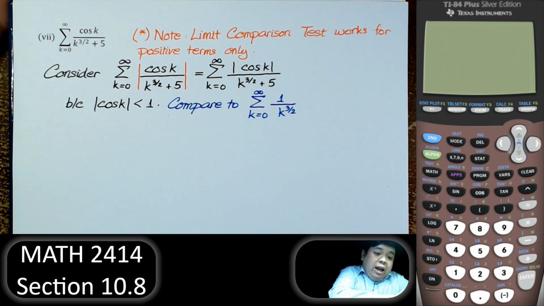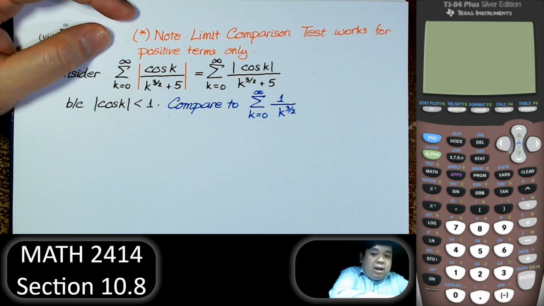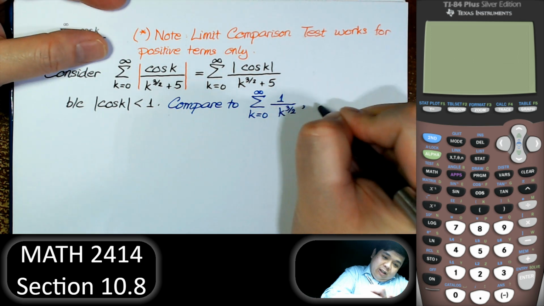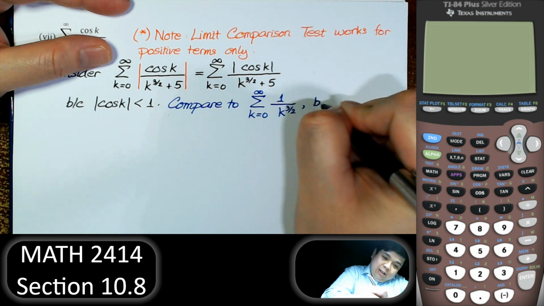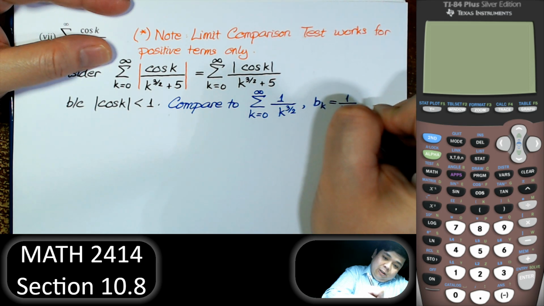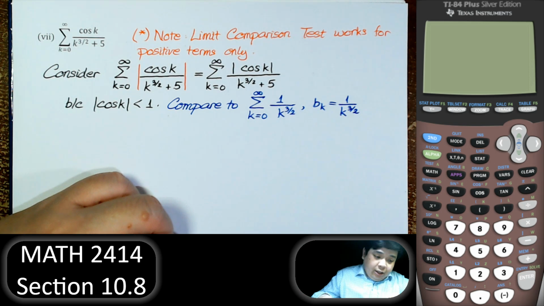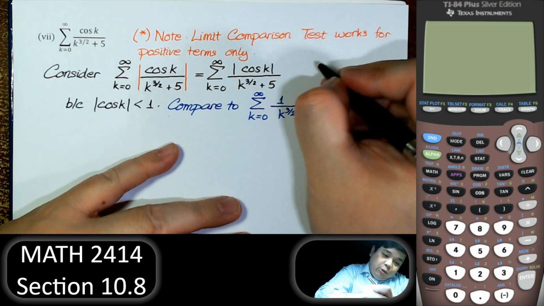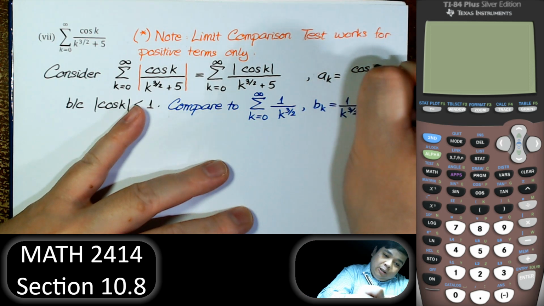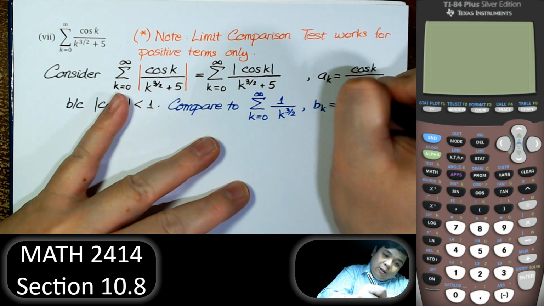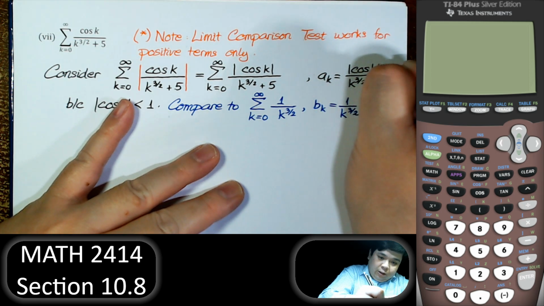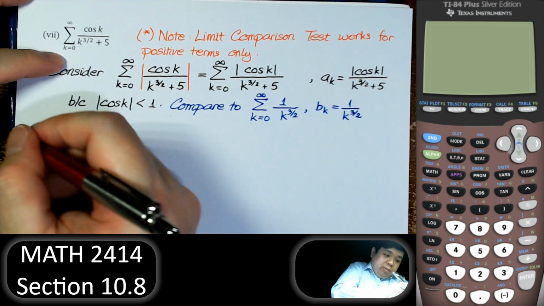Right. And the limit comparison test is still the same. So this is b sub k. And for that one, we will let a sub k take the limit.